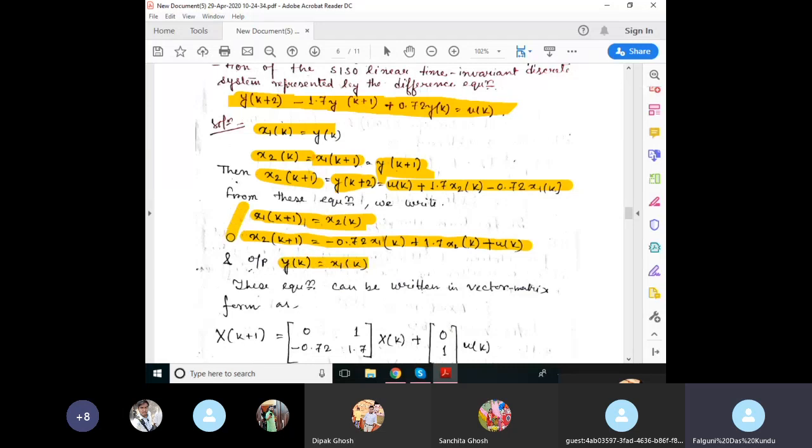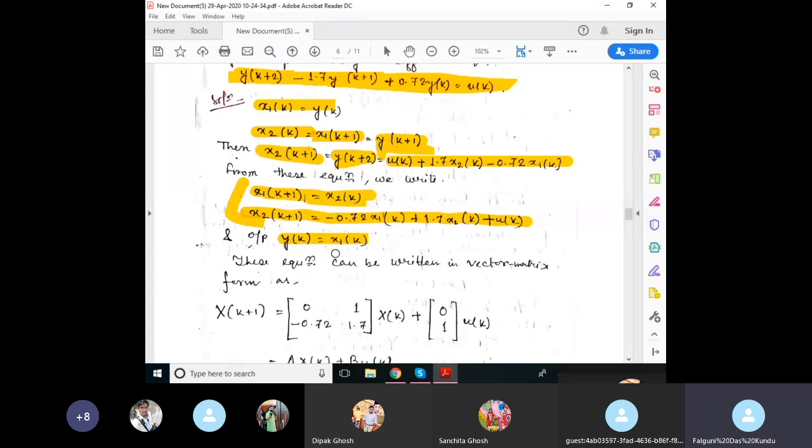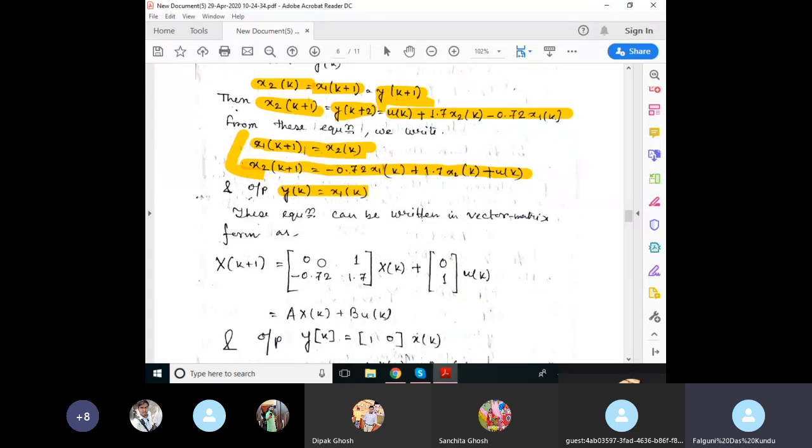From these two equations we can find the vector matrix difference form, that is x of k plus 1, meaning x1 of k plus 1 and x2 of k plus 1. For x1 of k plus 1 we put 0 and 1. So this row is completed.